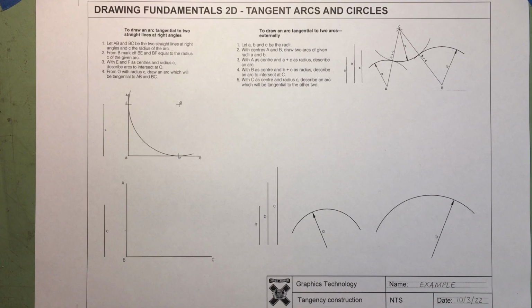I'm going to go through completing the sheet titled Tangents, Arcs and Circles. On this sheet, you are practicing using your compass and drawing lines that are tangent to an arc or a circle.